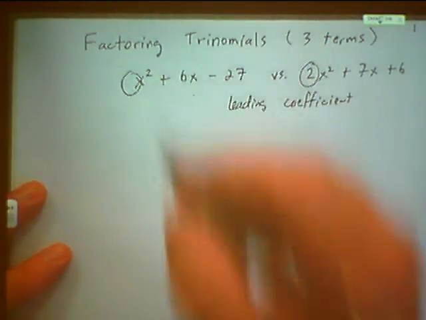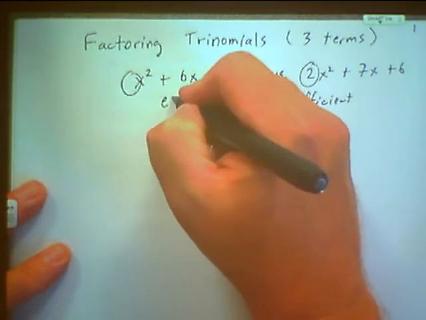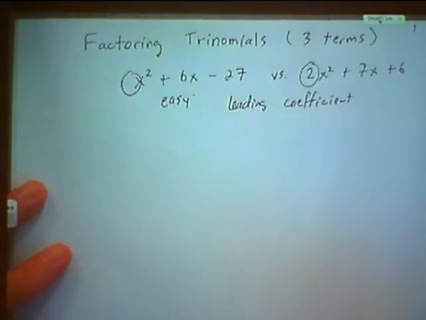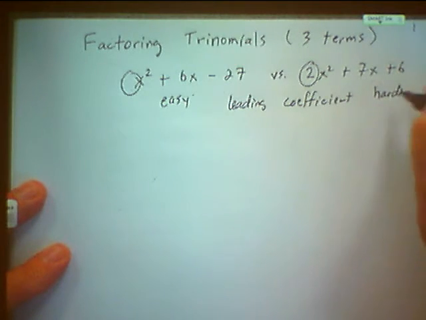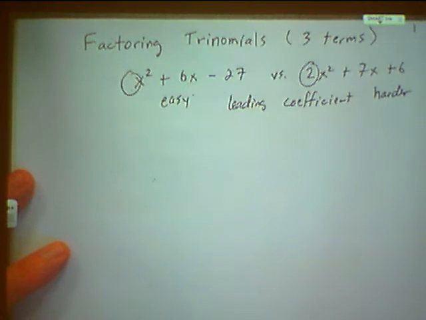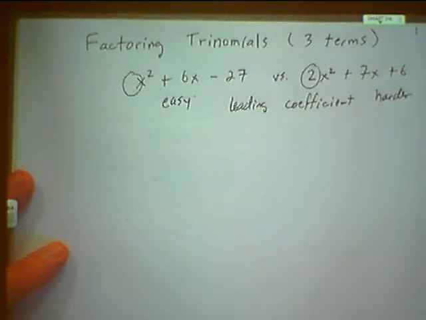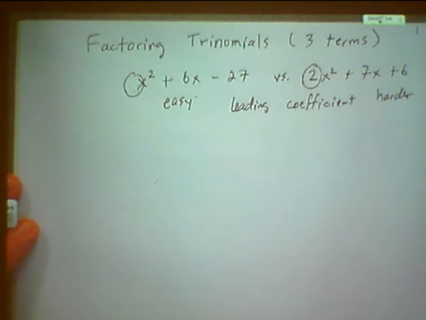Usually in class, I think of these as easy to factor, and these, I always say they're a little bit harder because there are a couple extra steps. So for this video, I'm going to first look at what I call the easy ones and explain to you how we here at IB Tech teach factoring trinomials.